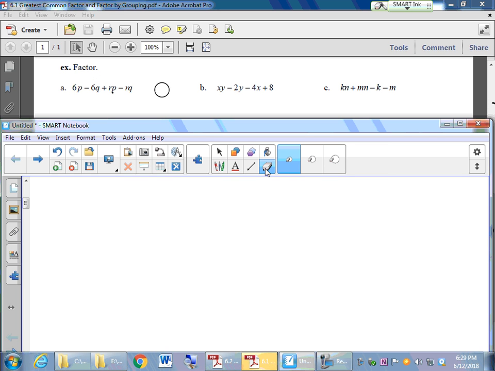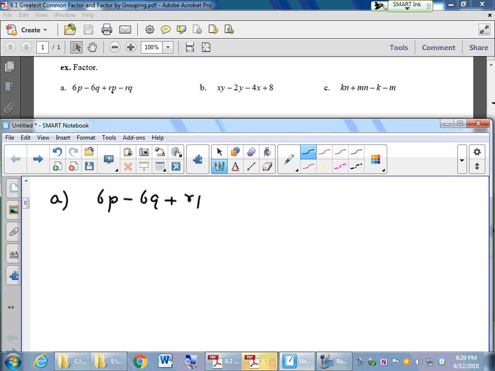So the very first problem, A: 6p minus 6q plus rp minus rq. So without thinking anything, this is what you can do. Group the first two terms together and group the last two terms together. Notice that the way that I group is underlining, so you can see on the third term I included the sign as well.